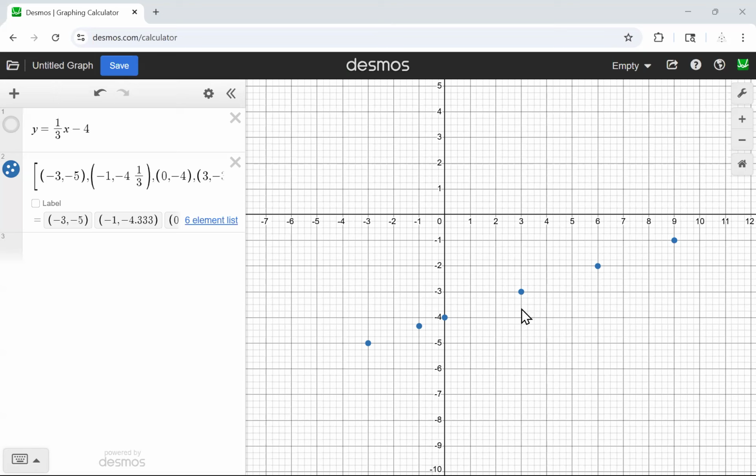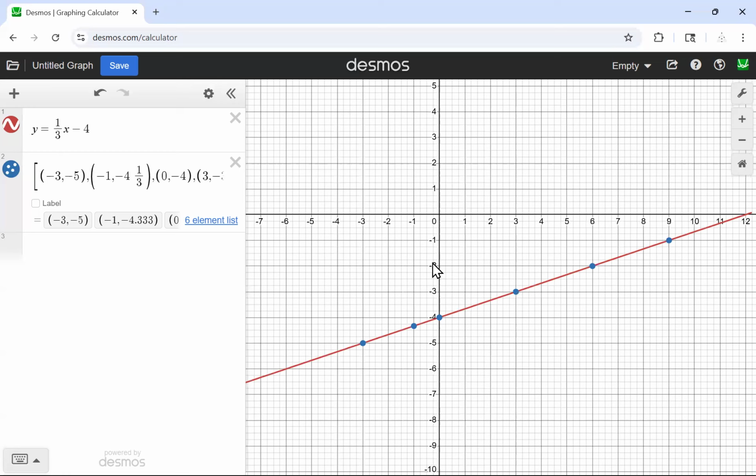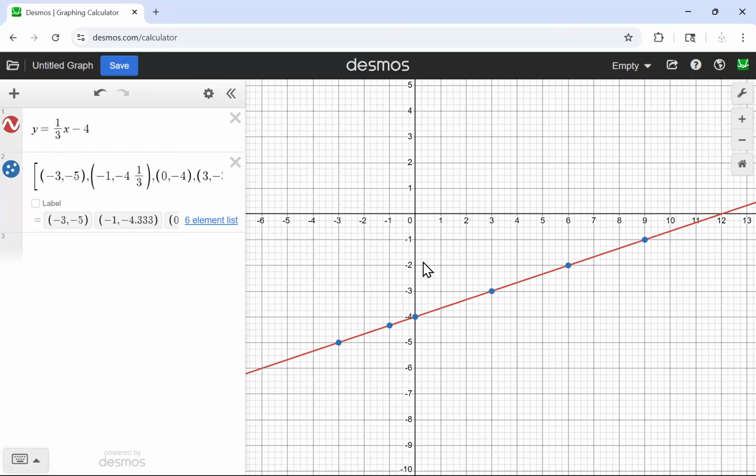Then I did 3, -3, 6, -2, 9, -1. And we can see that the pattern for this line is doing this. I would connect all those dots, extend it, and then that line is just written here. So this is the line we get when we graph the linear equation y equals 1/3 x minus 4.